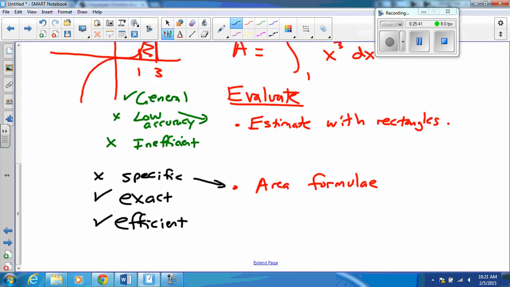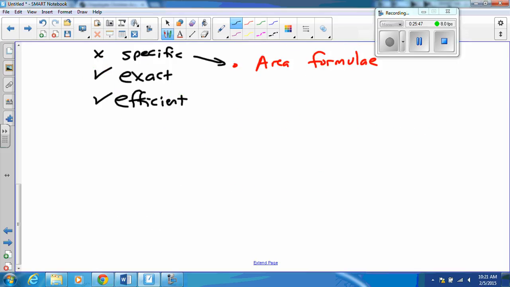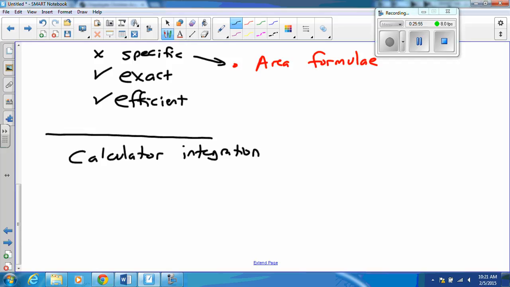What we would like to do now is to add the calculator as an option. Actually, let's reverse that. Let's actually get an answer, and then I'll explain how it works. Everybody grab your calculators, and we are going to evaluate the integral from 1 to 3 of x cubed dx in this manner.